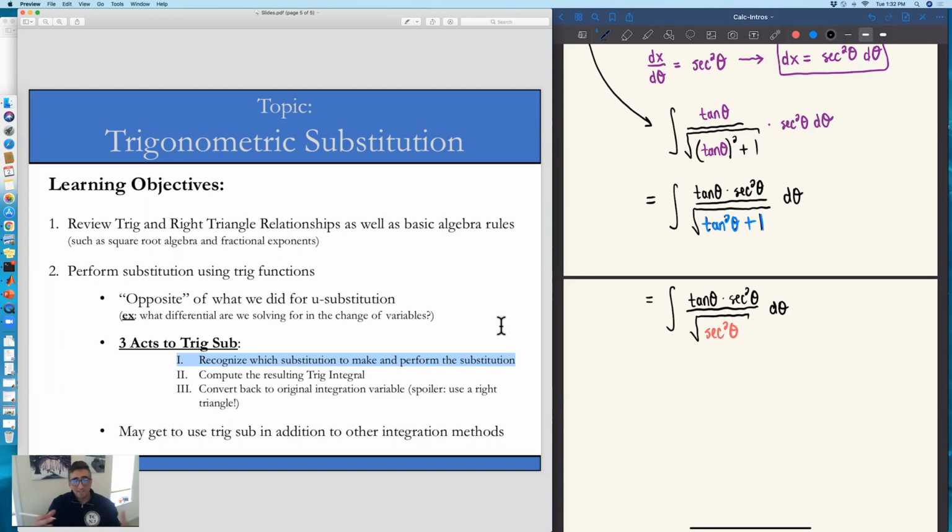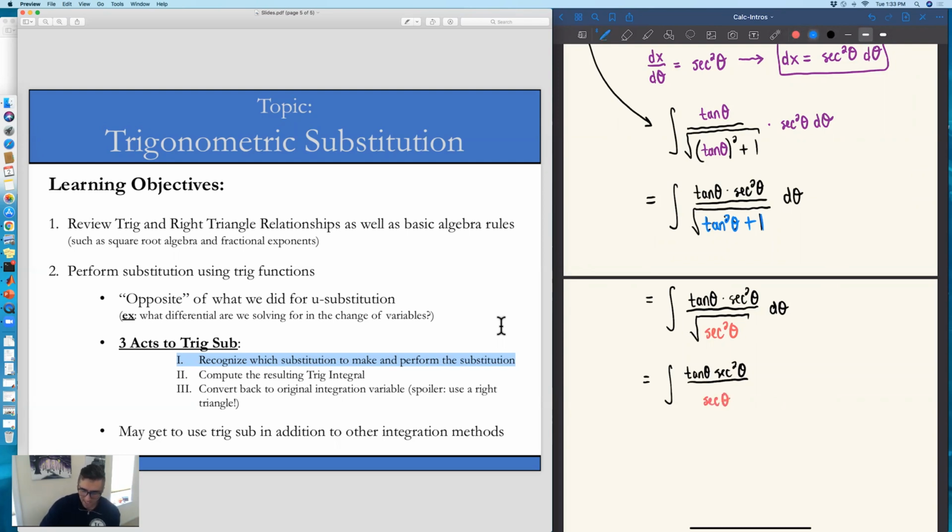And well, if we take the square root of something squared, that just gives us the thing back. So in this case, what this becomes is, well, tangent up above, a secant squared down below, and then we have a secant squared square rooted. So what's sitting there in the denominator now is, well, just a secant.